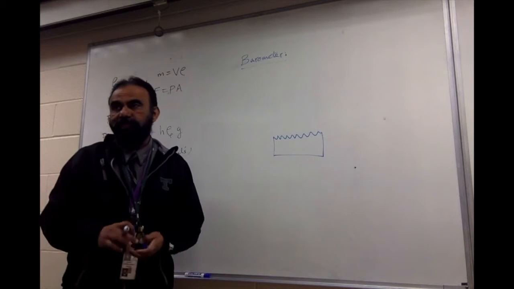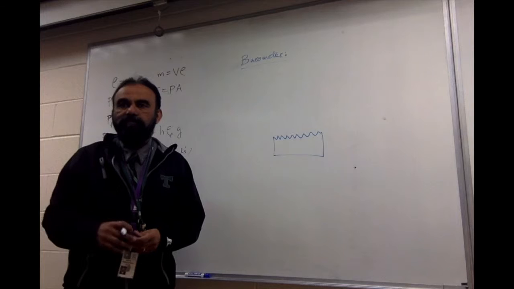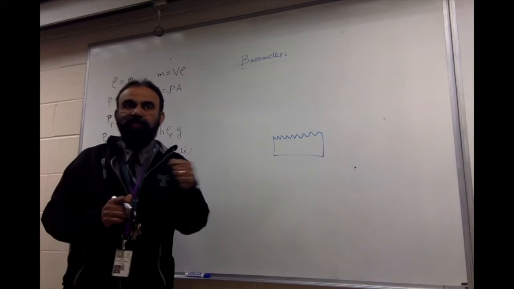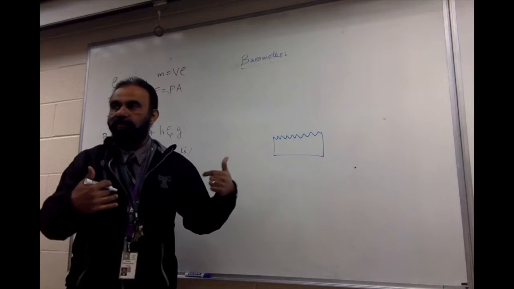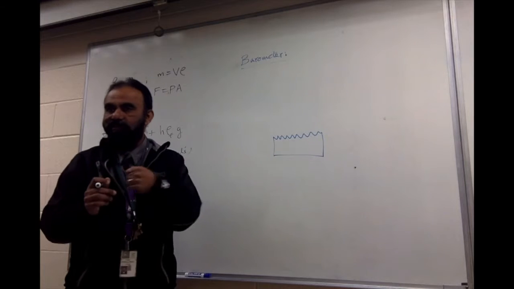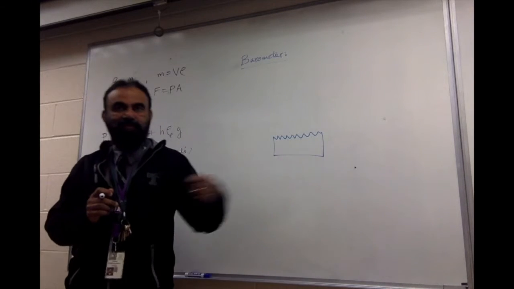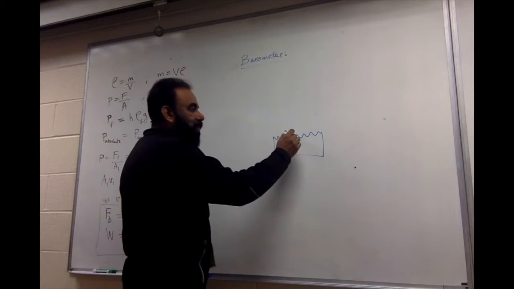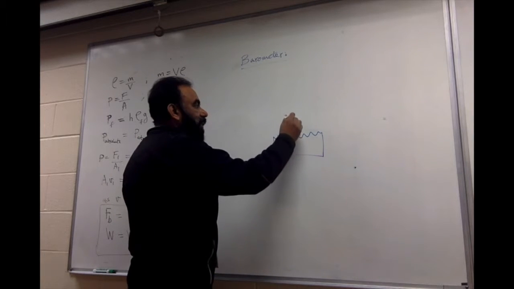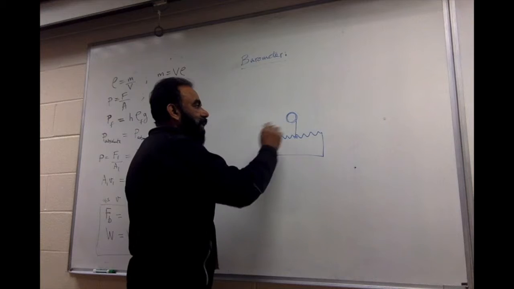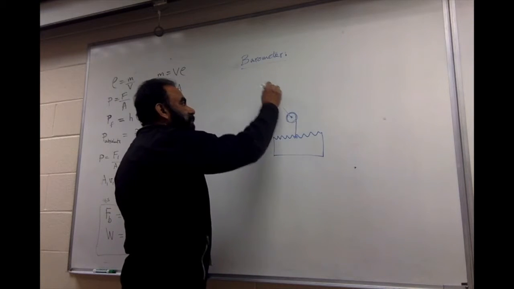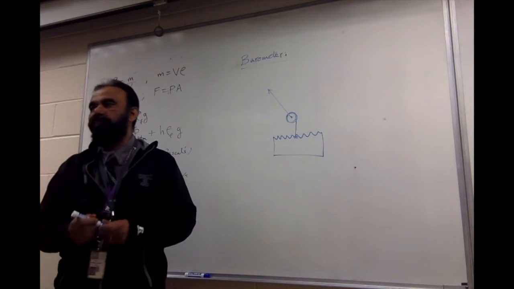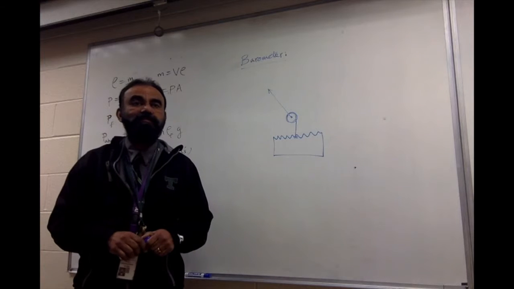It's flexible. It's like your accordion, the bellows, right? You can move it back and forth, so it's flexible. Now, if something is connected here and it runs through a pulley, and if you attach a pointer on the pulley, that becomes a barometer.